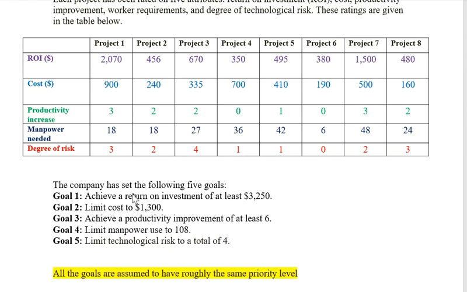Goal 1, achieve a return on investment of at least 3,250, limit cost to 1,300, achieve a productivity improvement of at least 6, limit manpower use to 108, and limit technological risk to a total of 4. Now here it's explicitly stated that these are goals. These are going to be formulated as soft constraints.